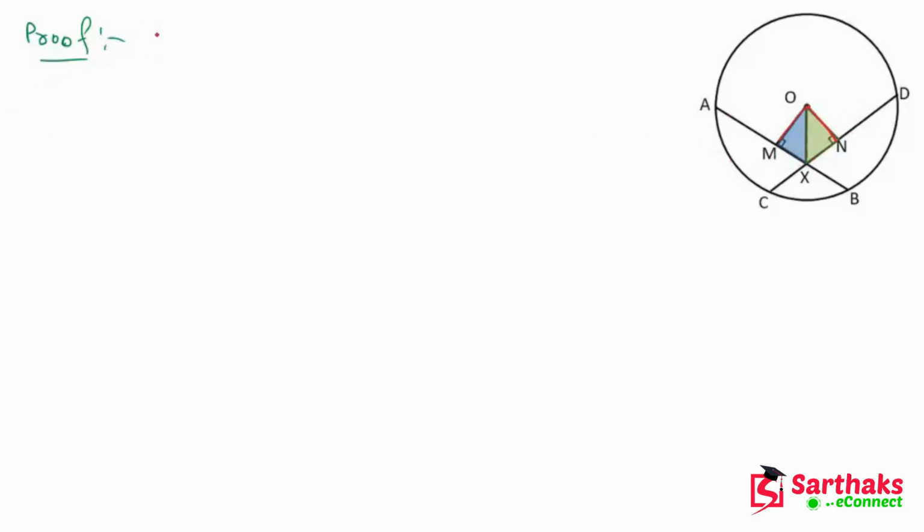So we can write: draw OM perpendicular to AB and ON perpendicular to CD. And we know that OM bisects the line AB and ON bisects the line CD. So AM is equal to MB, which is equal to half of AB.